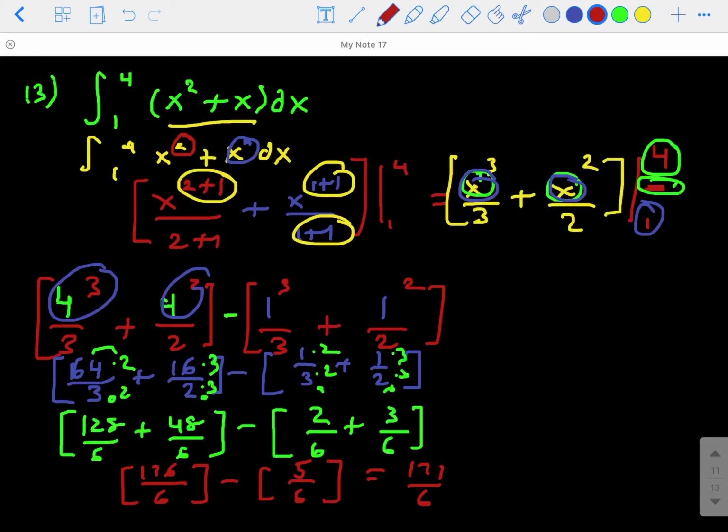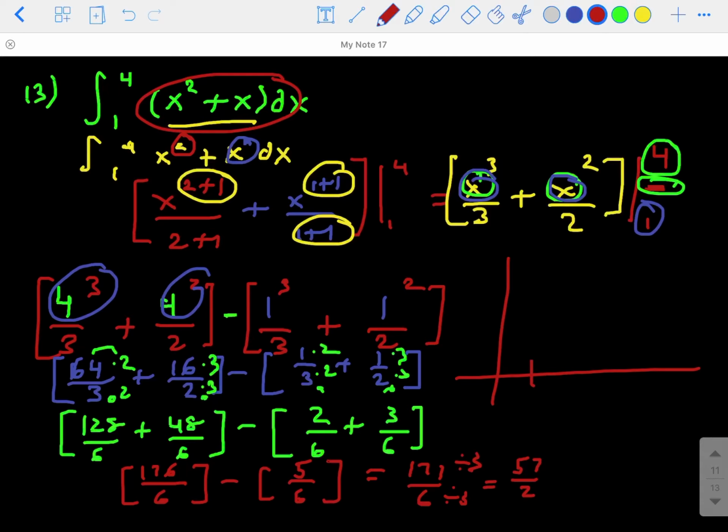And it seems like 3 is a common factor for that, so divide by 3. Divide by 3. And this one becomes 57 over 2. So what this means is that if you were to graph this out, we're going from 1 to 4. 1, 2, 3, 4.